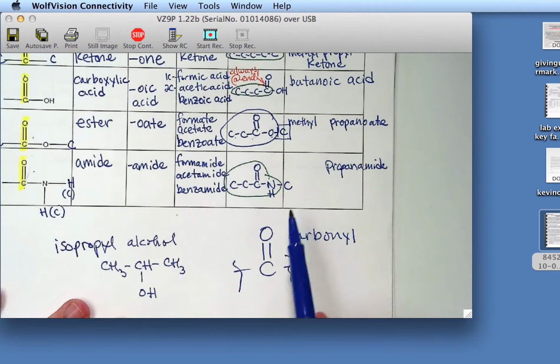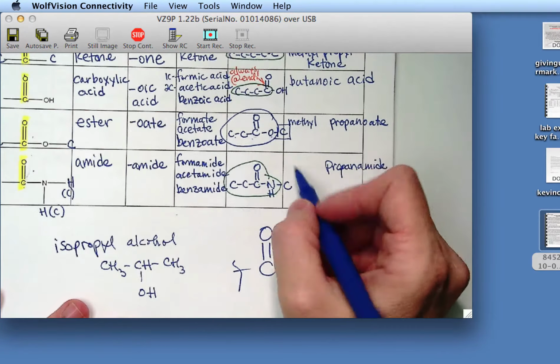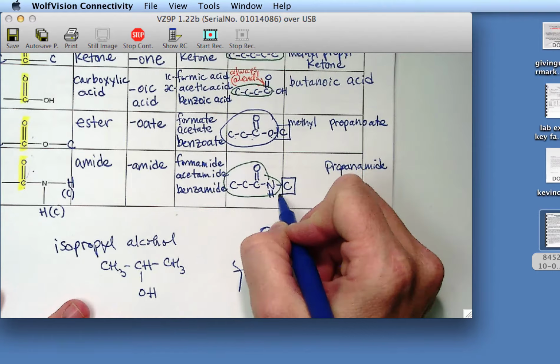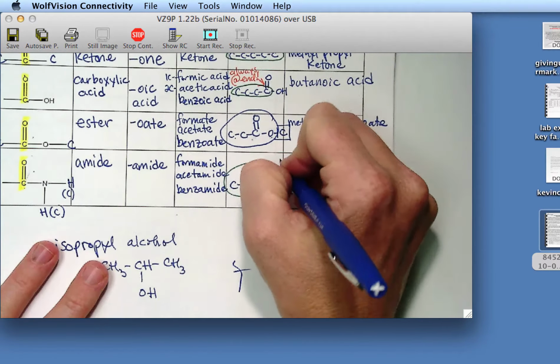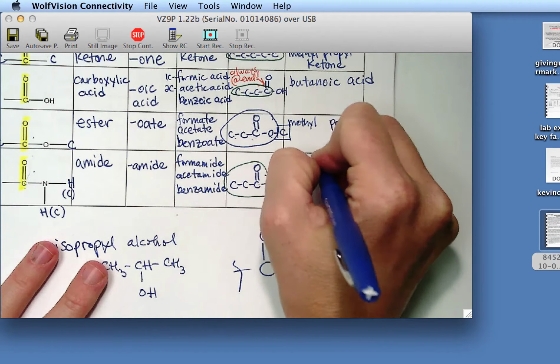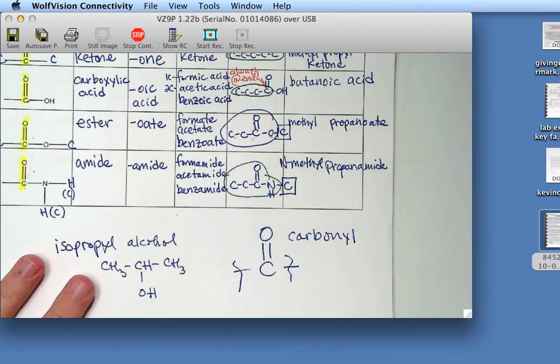And then over here I have a methyl group coming off, but it's not coming off an oxygen. It's not coming off the carbon chain. It's coming off the nitrogen. So you use the N-methyl, like we did with the amines. And that one just kind of runs together, N-methylpropanamide.